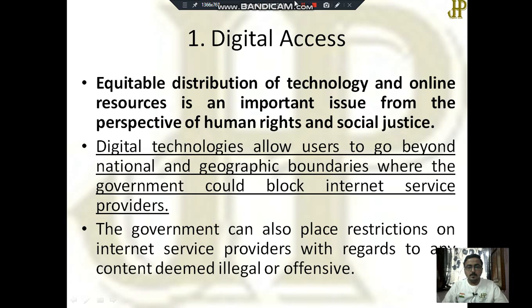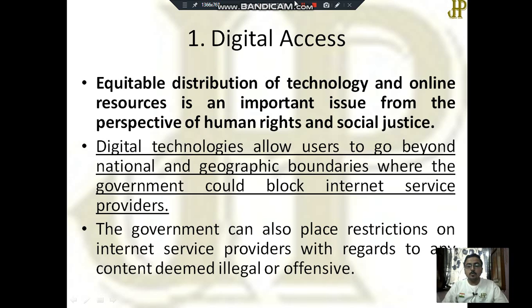Okay? So, based on some specific circumstances, that facility can be blocked, but as a normal scenario, digital access must be given to each and every person. Okay?